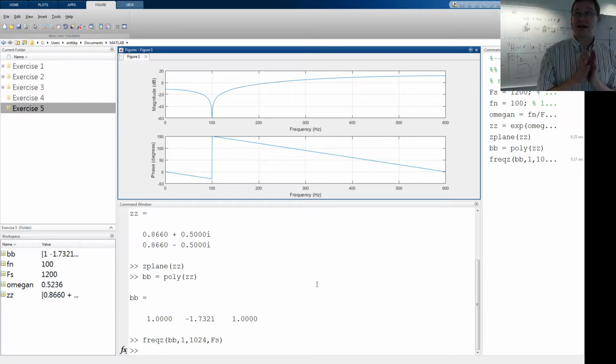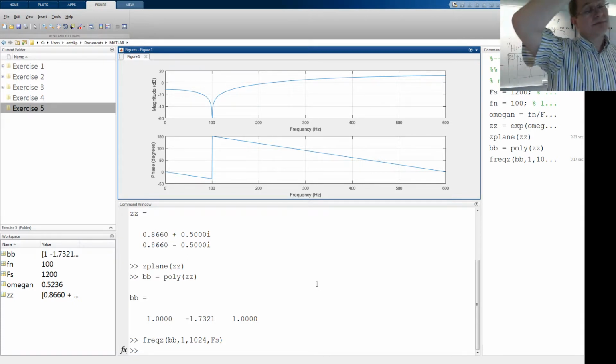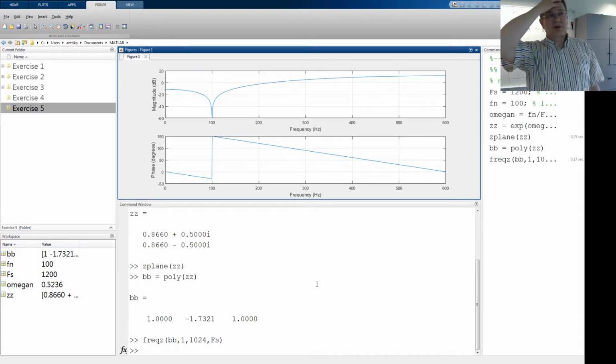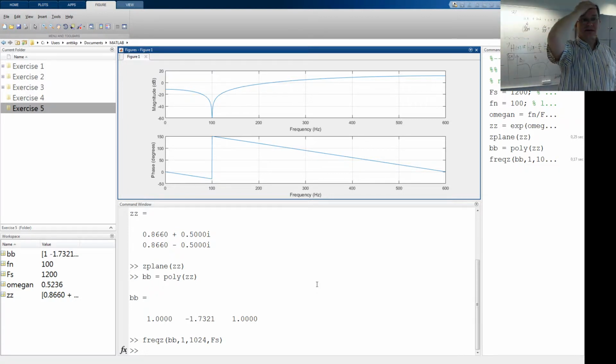Yes, exactly at 100 Hertz we have a lot of attenuation. Unfortunately, the rest of the amplitude response looks a little bit bad. It has some gain on the higher frequencies, and then, well, it's just ugly. But it reduces the line humming.